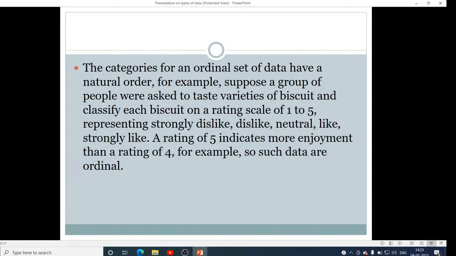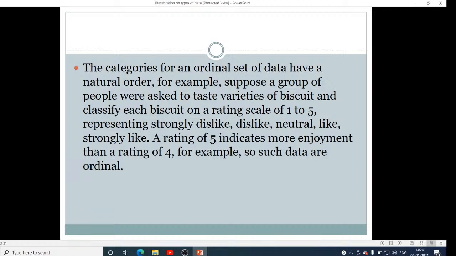So these are some persons' opinions on the biscuits. There is a 1 to 5-star rating. First is strongly dislike, then dislike, neutral, like, and strongly like. These are 5 types of ratings they gave. A rating of 5 indicates more enjoyment than a rating of 4. Such data is ordinal.